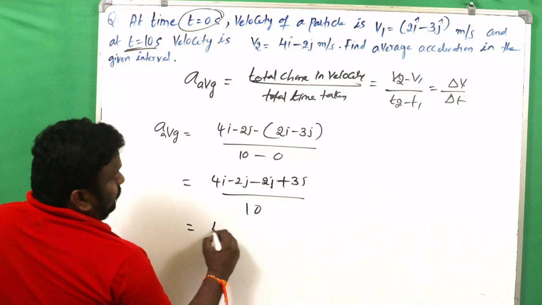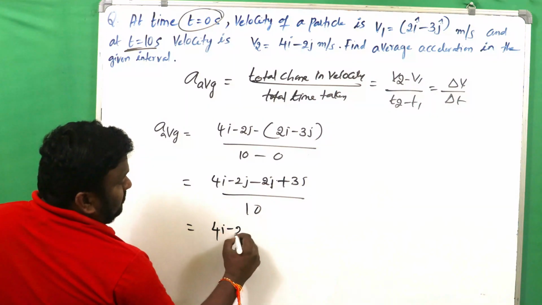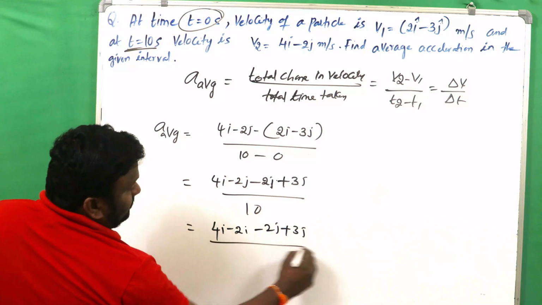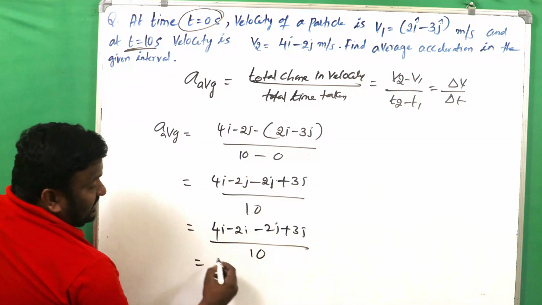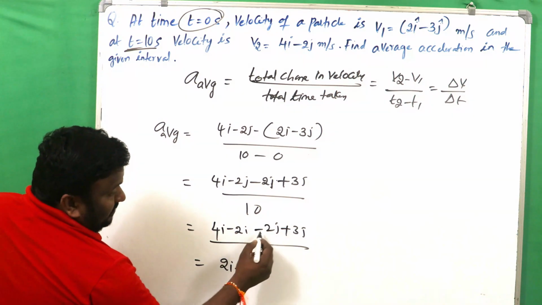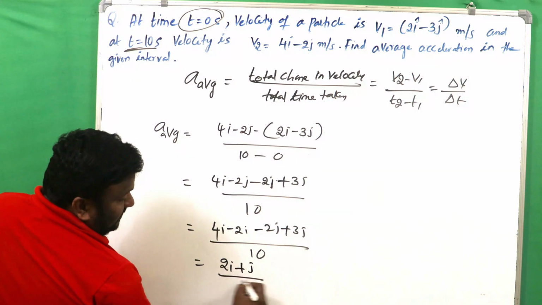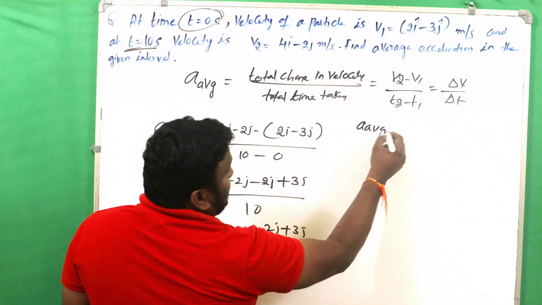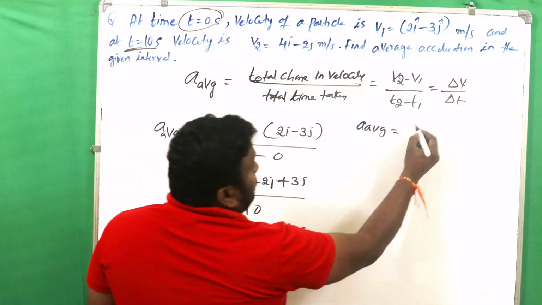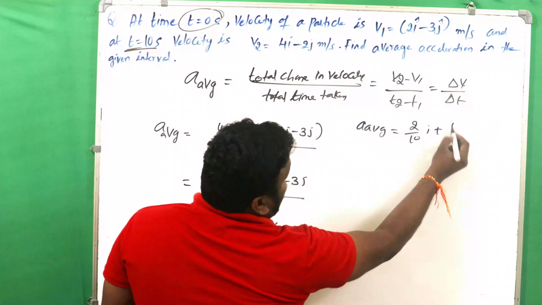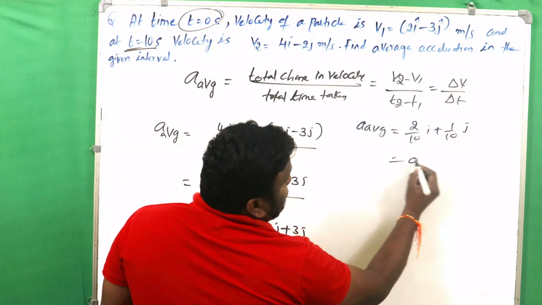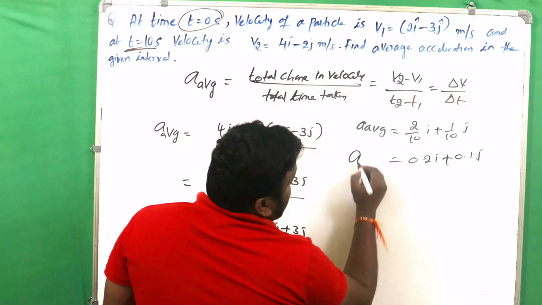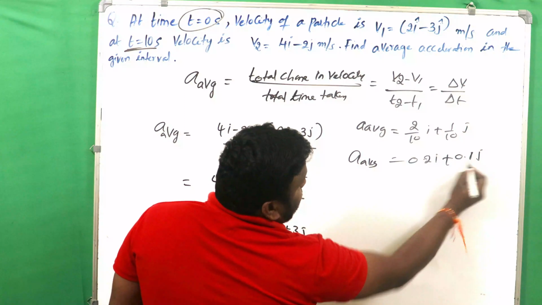Then 4i minus 2i is 2i, and minus 2j plus 3j is j, by 10. So a average is equal to 2 by 10 i plus 1 by 10 j, that is 0.2i plus 0.1j. So this is the average acceleration.